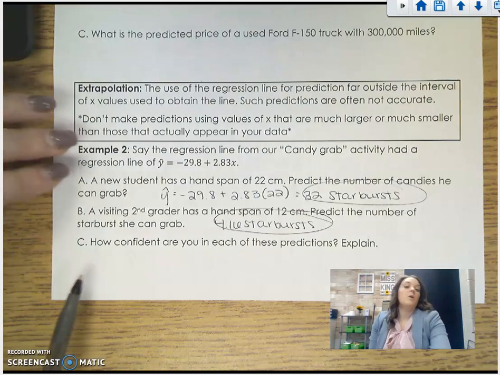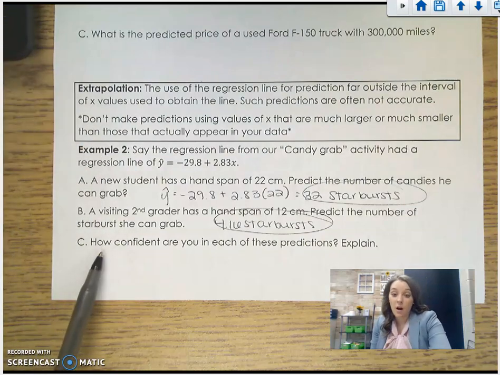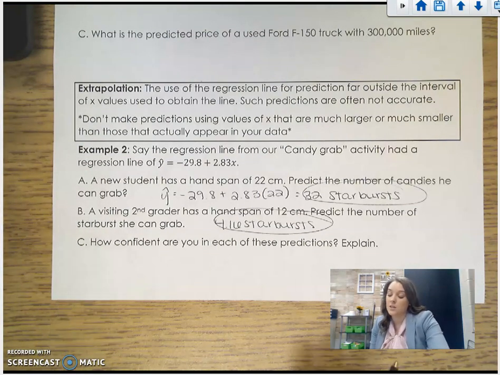Part C is the most important part of this extrapolation piece. It says, how confident are you in each of these predictions, and explain.